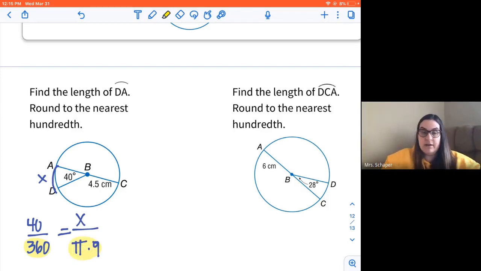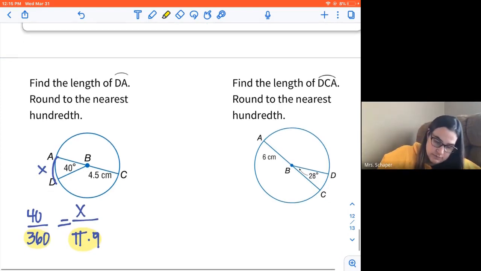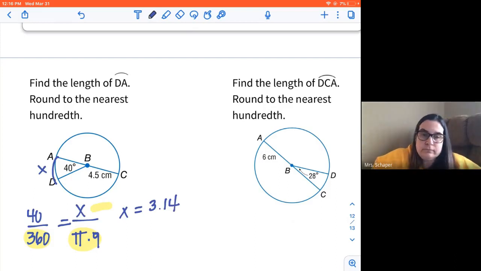So I'm going to set up my proportion and solve it out. So 40 times 3.14 times 9, and I'm going to divide by 360. So the length is going to be 3.14 centimeters.